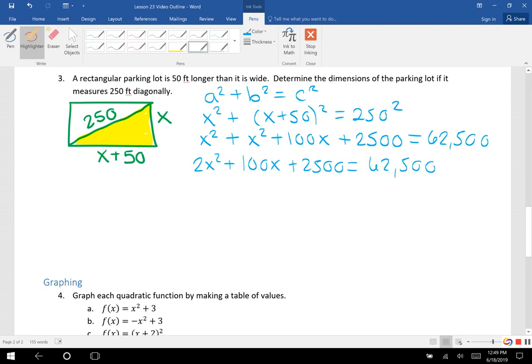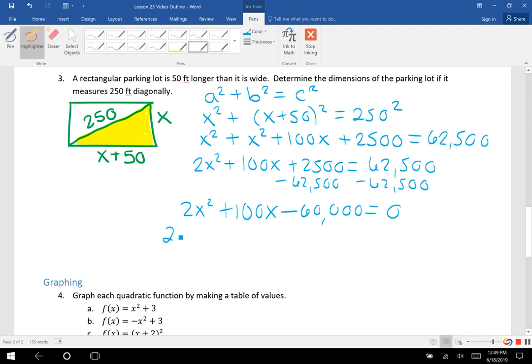I am going to set one side equal to 0, so I'm going to subtract that 62,500. That gives me 2x squared plus 100x, let's see, minus 60,000. We can factor out a 2, and then we're left with an x squared plus 50x minus 30,000.